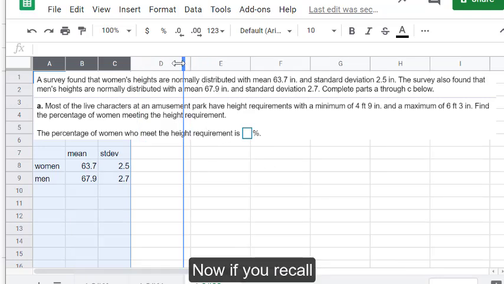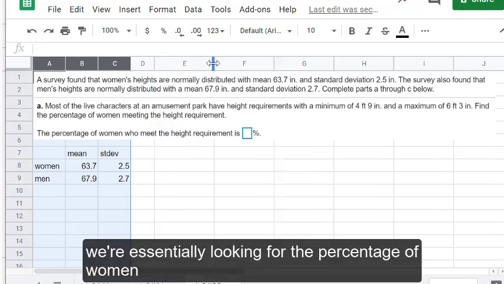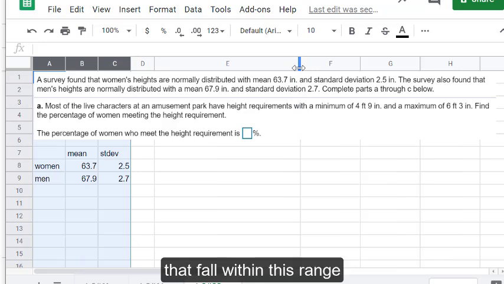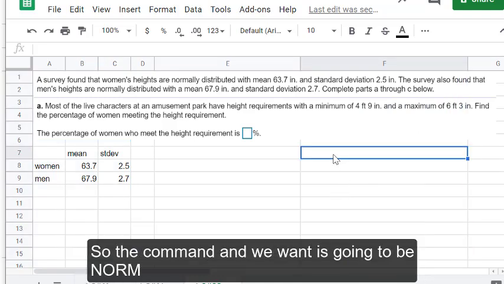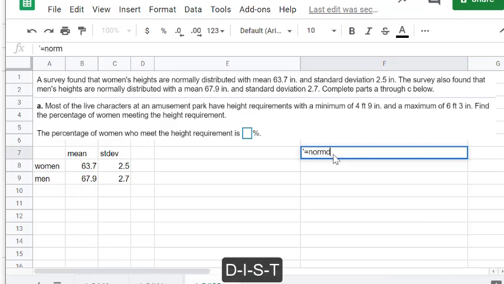Now, if you recall, we're essentially looking for the percentage of women that fall within this range. And if you were to draw a bell curve, we're essentially looking for the area under the bell curve. So the command that we want is going to be NORM DIST.